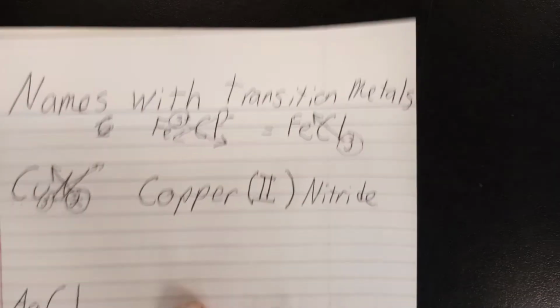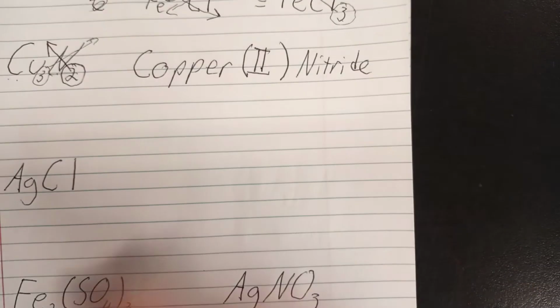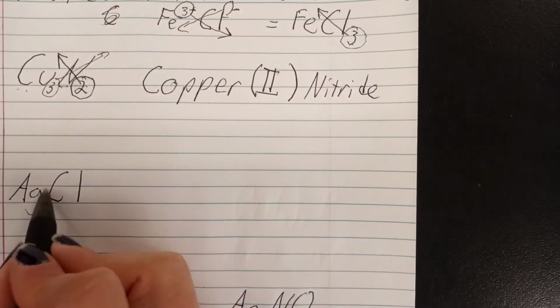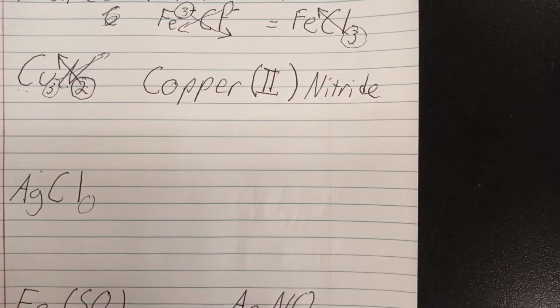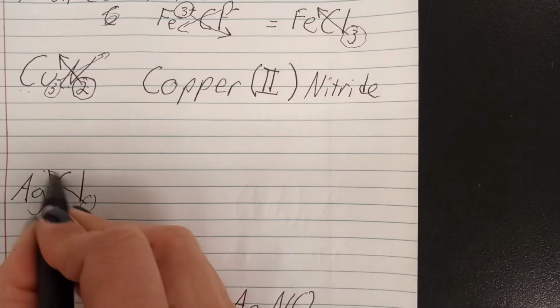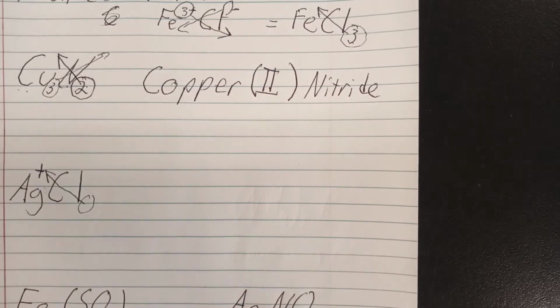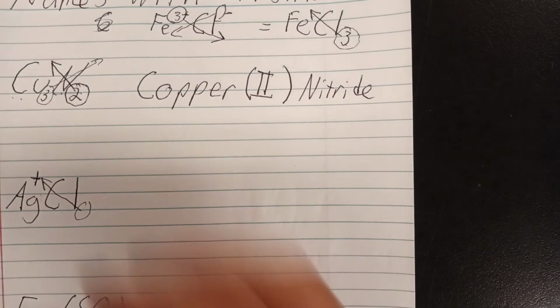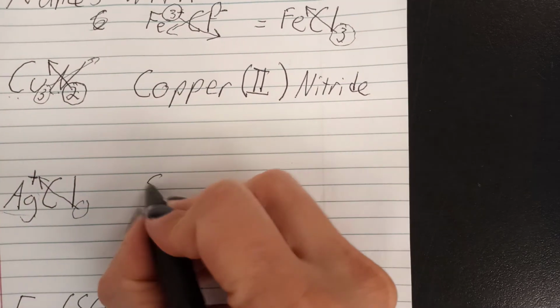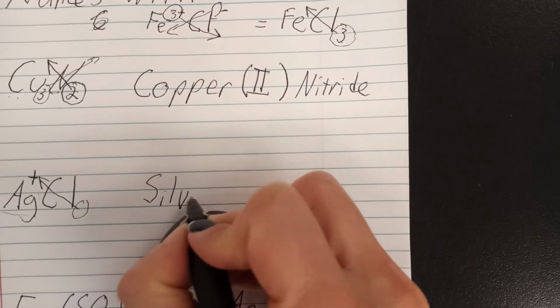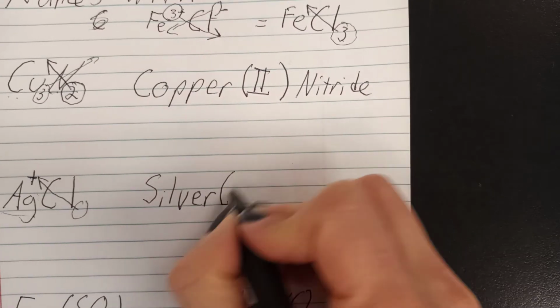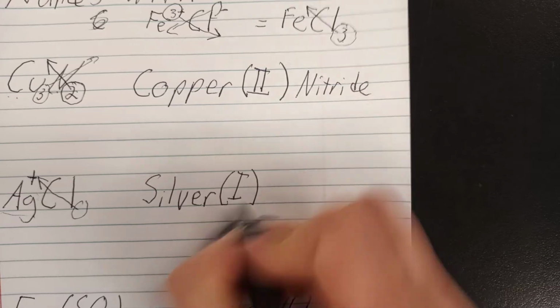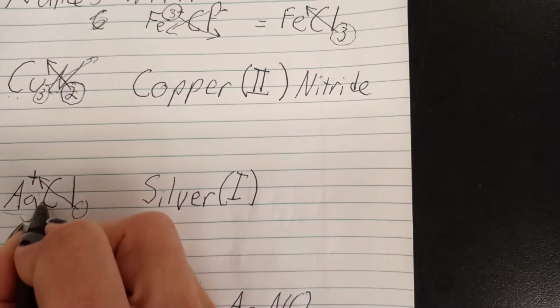Similar here, I've got my silver, and I need an oxidation number. Well, there's nothing here, which means that I would have brought it up here, and there would have been just a plus without a number. So that means that this was originally silver 1, because it had a 1 plus. Again, we can check this.